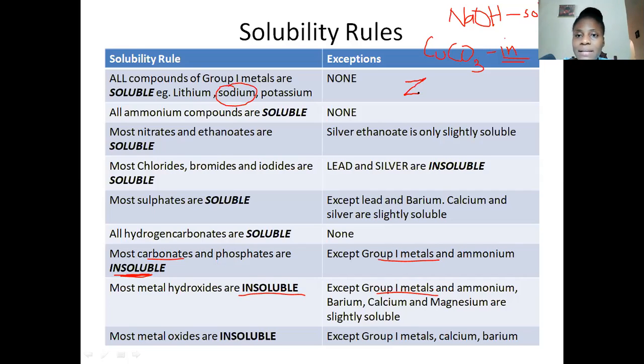All right, let me ask Dominic now. Dominic, what about zinc nitrate? Is that soluble or insoluble? Dominic, I'm not hearing you. Say that again, or type it in the chat.